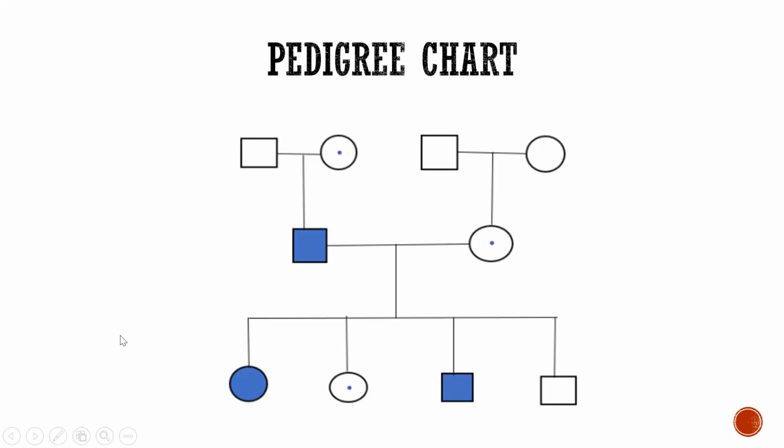In this way, we will be able to understand how pedigree charts are drawn and how the symbols represent what type of individuals they are. This is going to help us understand genetics, and that too with respect to genetic disorders, in a better way.